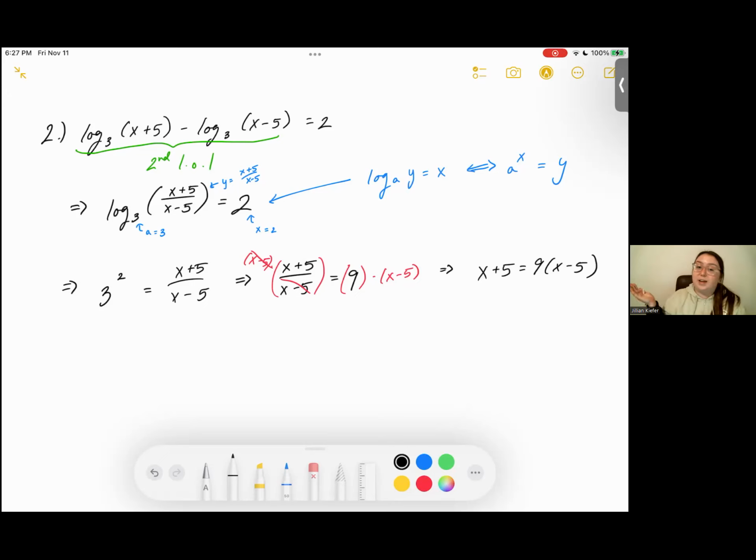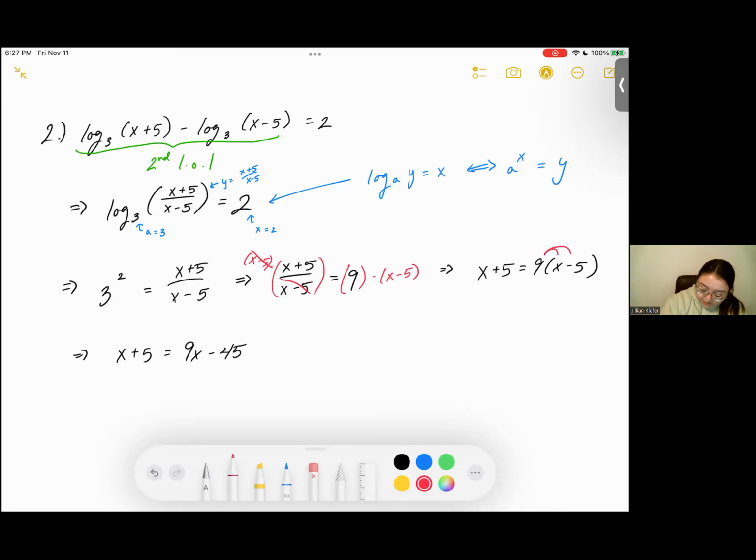And we're just solving for x, so we can simplify this. We can distribute that 9, and we'll have x plus 5 is equal to 9x minus 45. Once again, we want to solve for x, so we can go ahead, bring all of our x terms to one side, all of our non-x terms to one side.